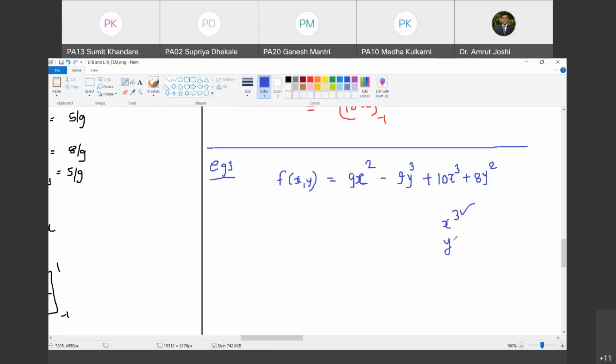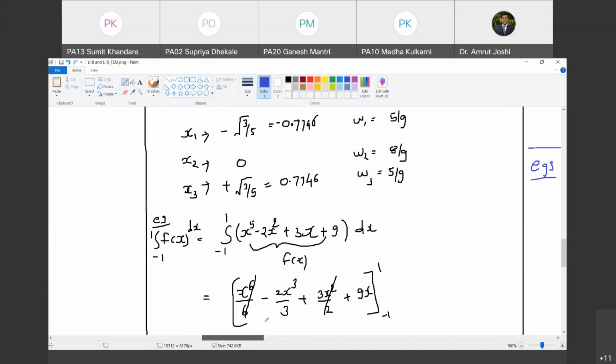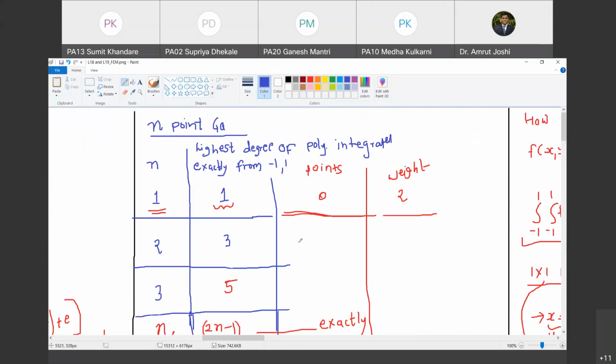Yes, sir, 3. So both x and y are cubic in nature. So let us go back to basics. If I were to integrate cubic polynomials, which point Gauss quadrature should I consider? Yes, Sumit.